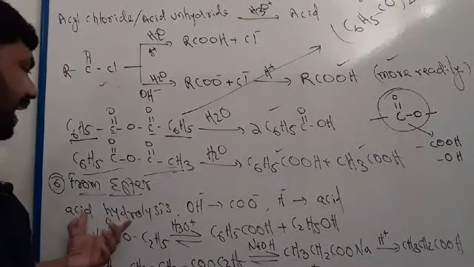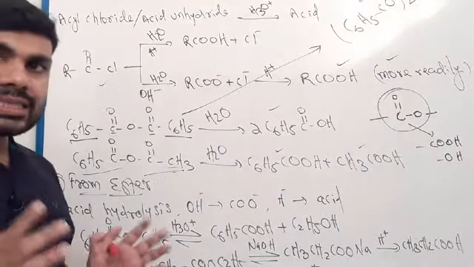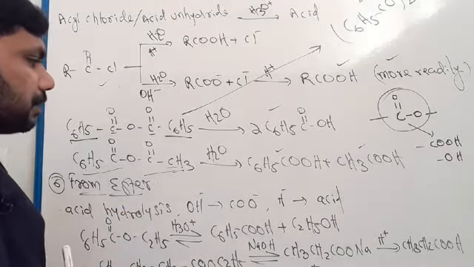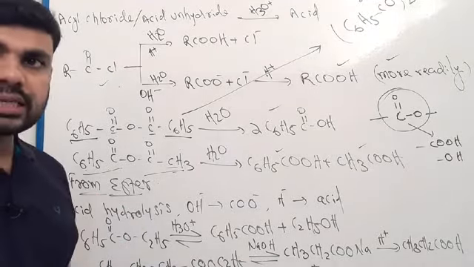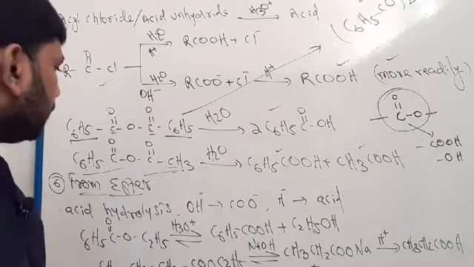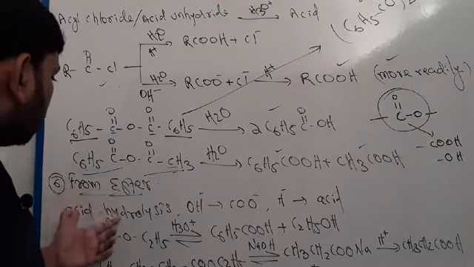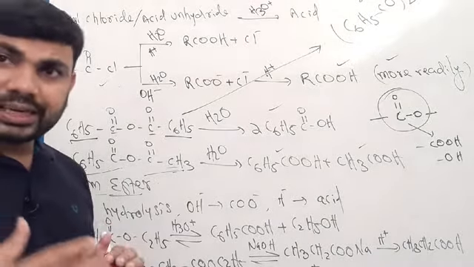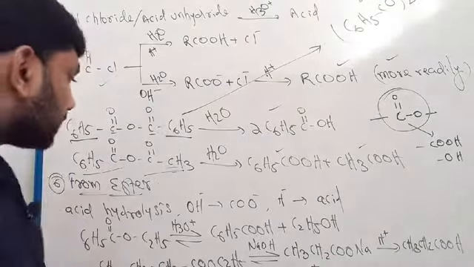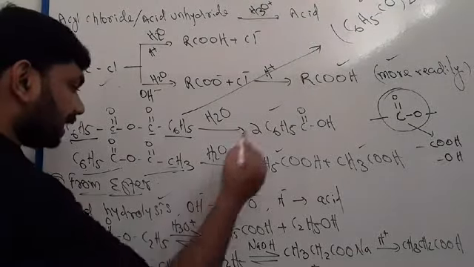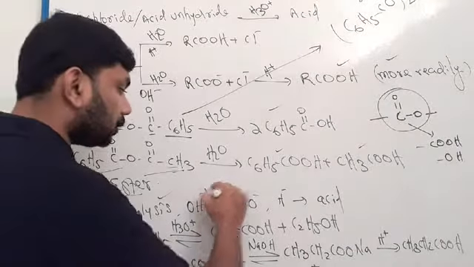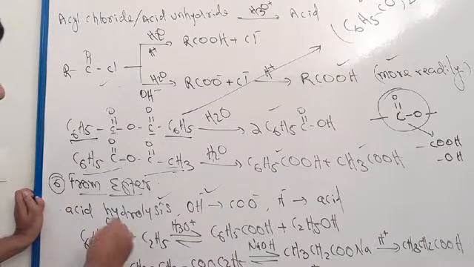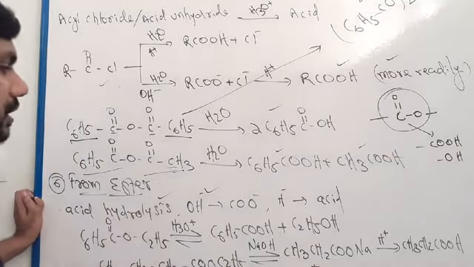Acidic hydrolysis means this hydrolysis takes place in the presence of dilute sulfuric acid or dilute hydrochloric acid. Here this ester will change to carboxylic acid. Ester can change to carboxylic acid in the presence of dilute acid, and also dilute alkali. The hydrolysis which takes place in the presence of acid is acidic hydrolysis.